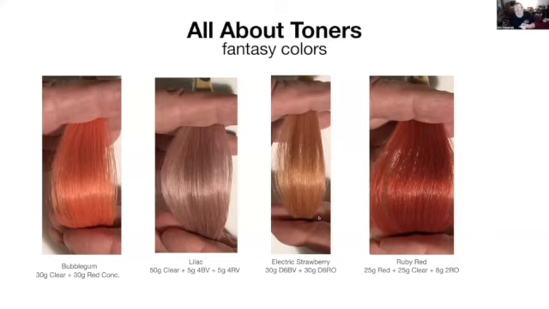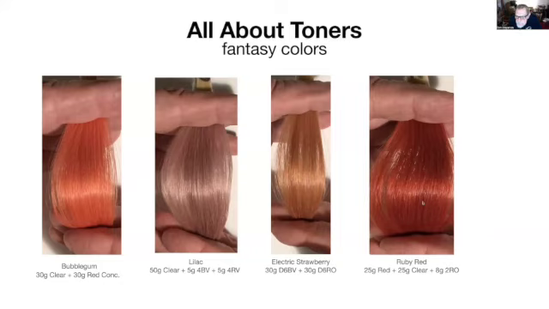Now, these obviously have to be done with either a brush and bowl, or you can put them on with an applicator bottle, but it has to be a wide nozzle applicator bottle. And here I made a ruby red.